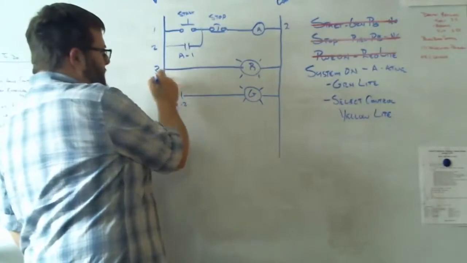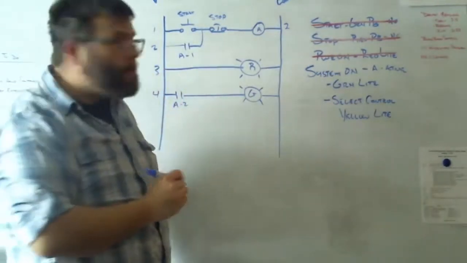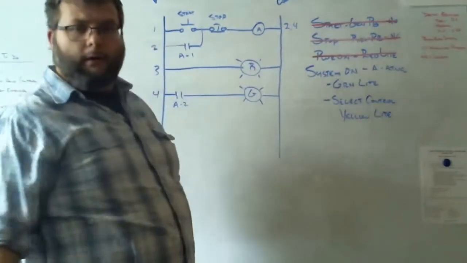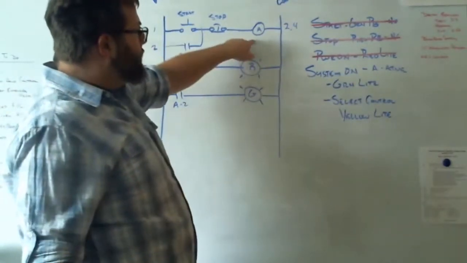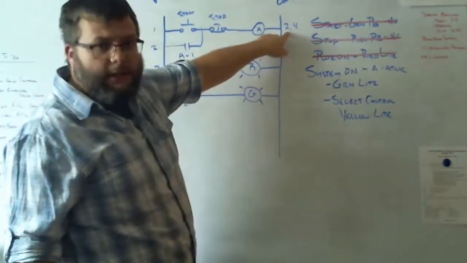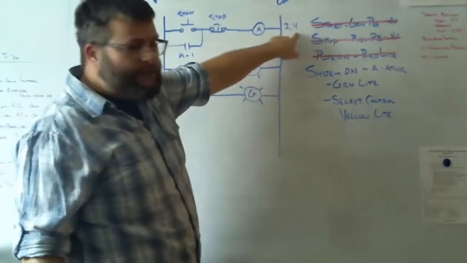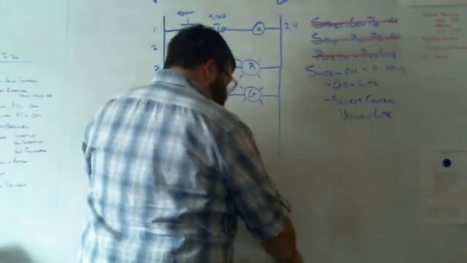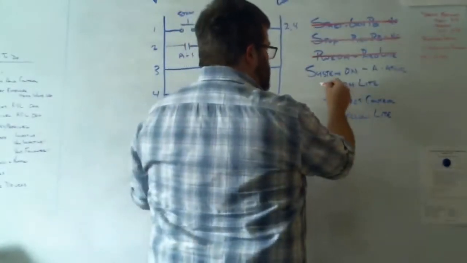This is rung 3, rung 4. So this coil controls an open contact on rung 2 and an open contact on rung 4. We've got a green light when the system is on.